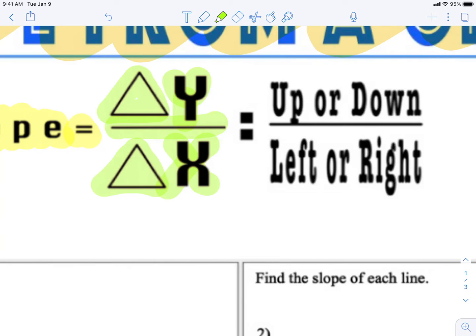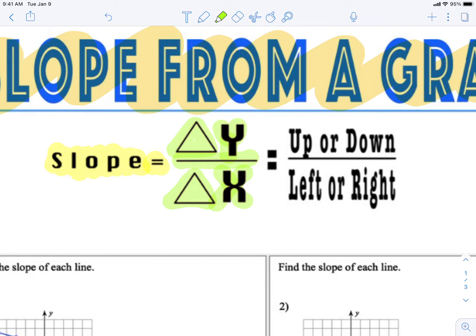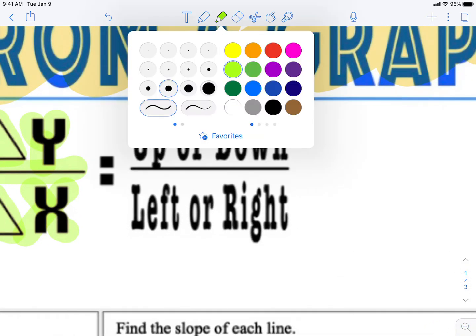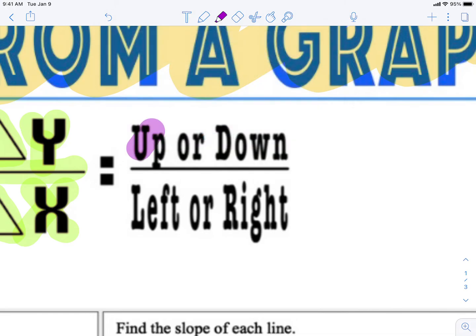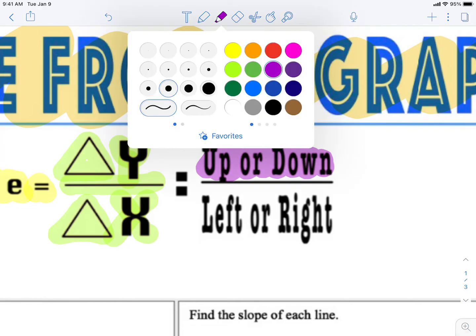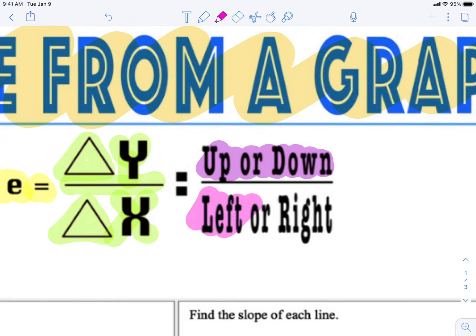So what delta means is movement. Delta means how you move. So delta y means you move up or down. Delta x is how you move left or right. So when I say delta y, you move up or down.